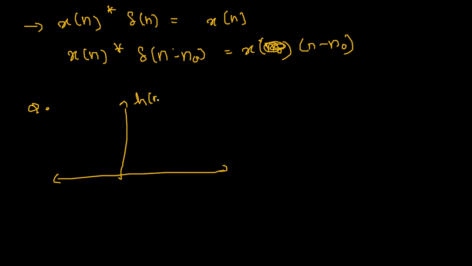So we have h of n here, and we have n here. At -1 we have 1, at 0 we have 3, at 1 we have 2, at 2 we have -1, and at 3 we have 1.